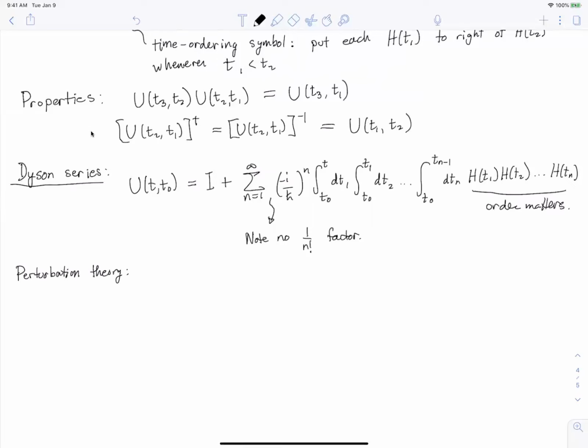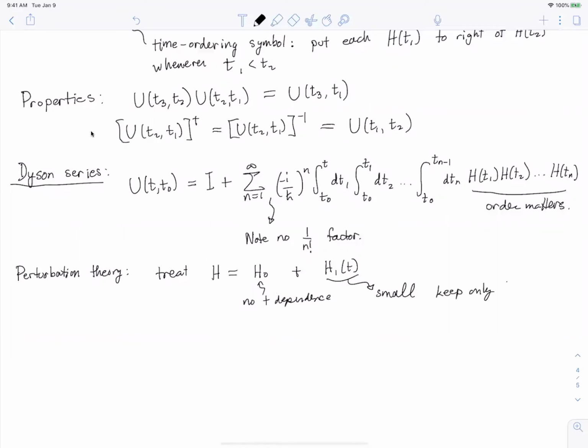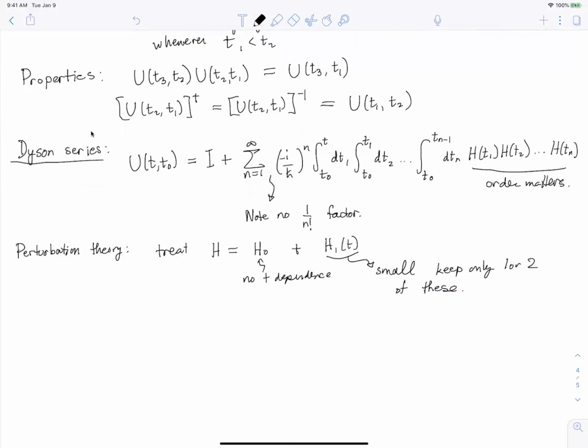So in perturbation theory, what you do is you treat the whole Hamiltonian as a simple part with no time dependence, plus a more complicated part that's got the time dependence in it, which I'm calling H1(t) here, where the complicated part you hope is small, or you can treat it as small, even if it's not small. Okay, and because it's small, you keep only one or two of these terms, and by doing that, you can simplify things.